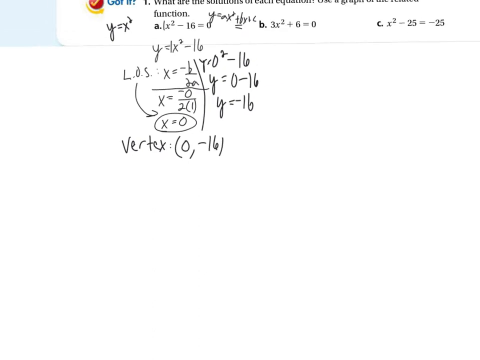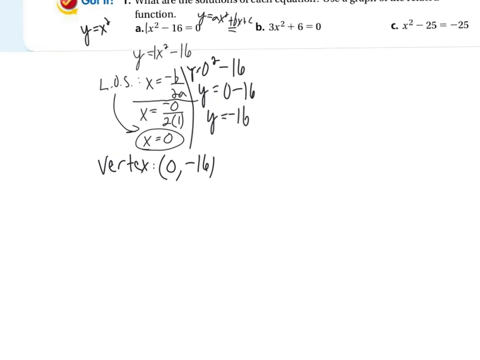Okay, and then from there we want to find some other points. And what we need to remember when we're doing this is our goal ultimately is to figure out what the x-intercepts are. So what I'd like to do when we're working this out is put a number, at least for a couple of our numbers, where we put in an x and we get a 0 for y.